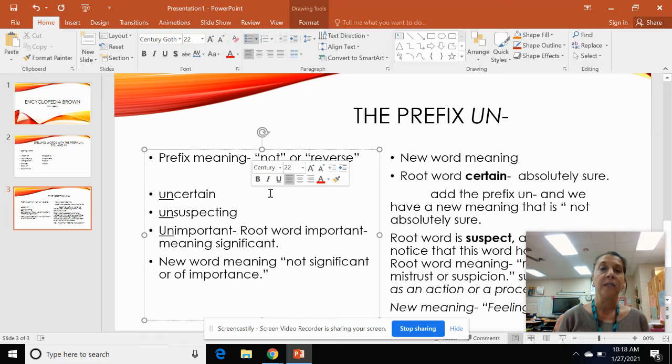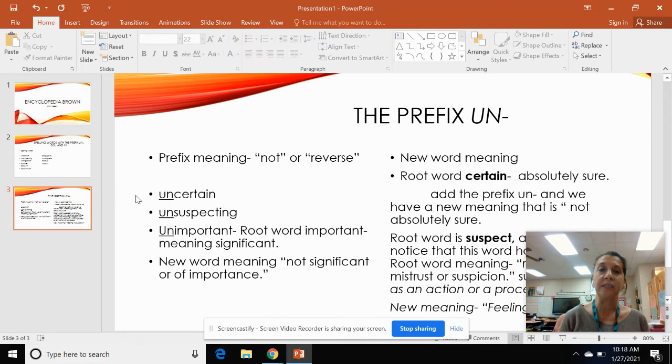Okay, now let's take a look over here because I always put our prefix meaning on this side, and we always know that the first thing that we do, because we practice decoding our spelling words.